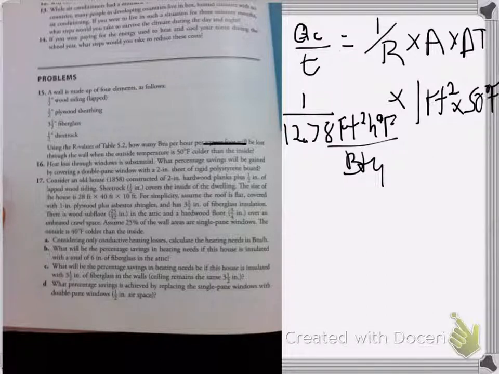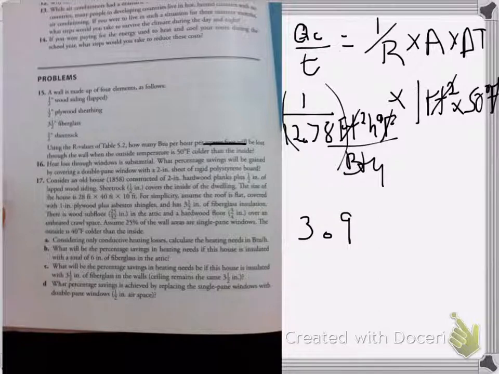As far as units go, I can cross out the feet squared and the feet squared, the degrees Fahrenheit and the degrees Fahrenheit, and I'm going to be left with the BTU and the hour for my outside temperature. So I'm going to get BTUs per hour. So when I plug in, do this part first, my 1 divided by my 12.78 times 1 times 50, I get 3.912.